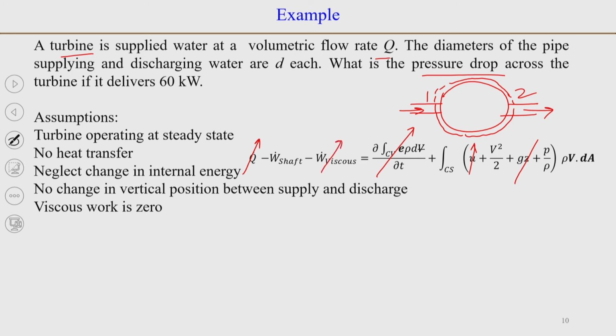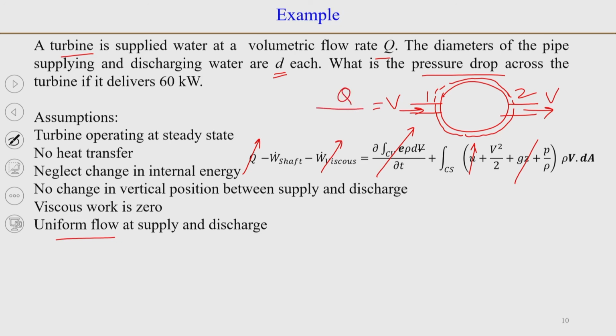Now, we are left with two terms, V squared by 2 and P by rho. We can also assume that the flow is uniform at the supply and discharge pipes. Because the flow is uniform and the diameters are the same, from mass conservation the velocity at the supply and discharge sides will be equal, that will be V, which will be Q over pi by 4 d squared.